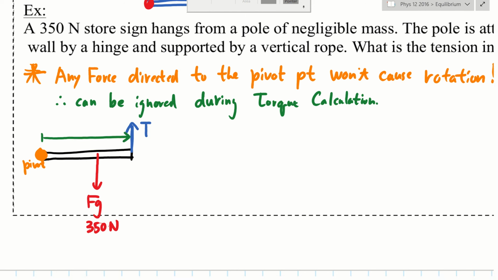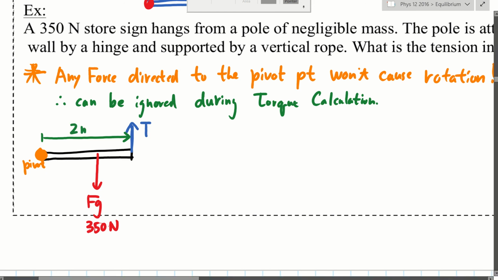How long is it from the pivot to the tension? 2 meters, right? How long is it from the pivot to the Fg? It's 1.3 meters. Okay, so these are your distances, D1, D2. These are different, so you're not just using one distance.